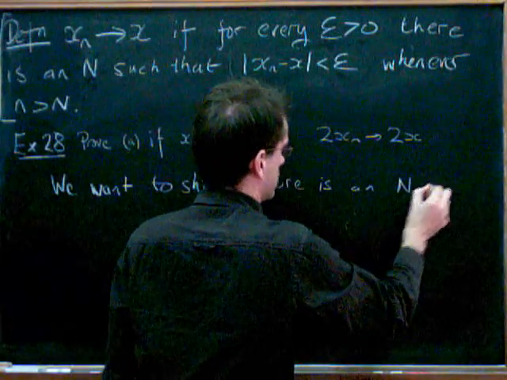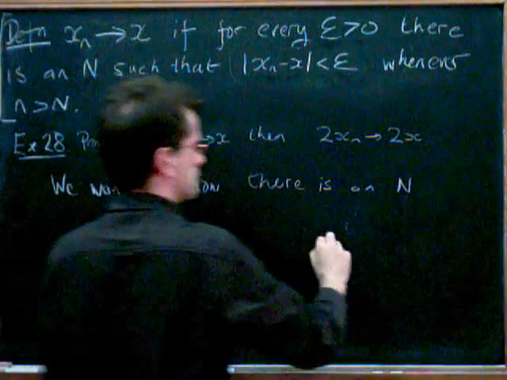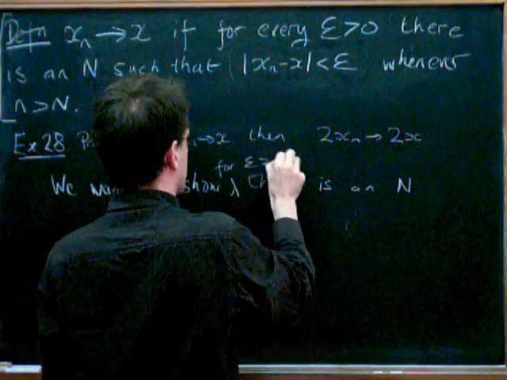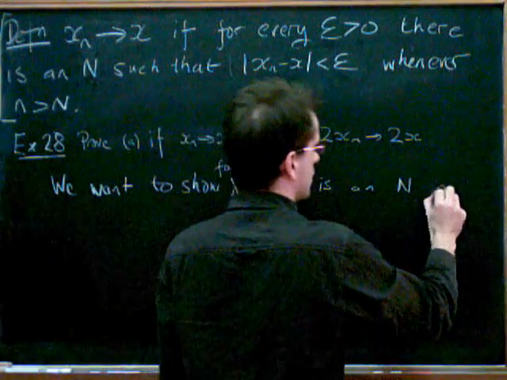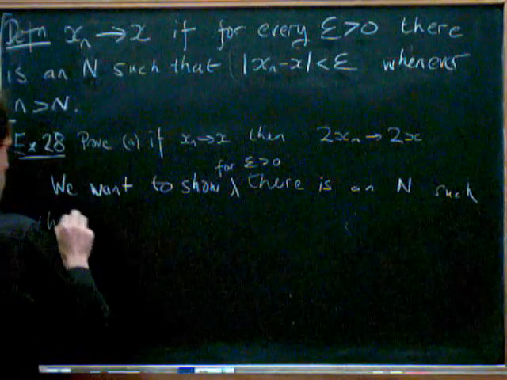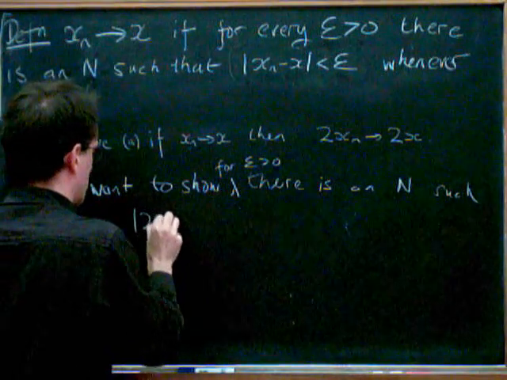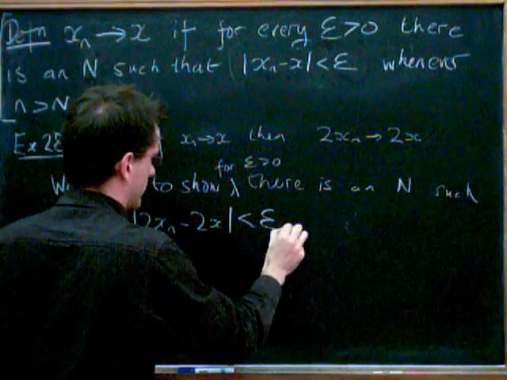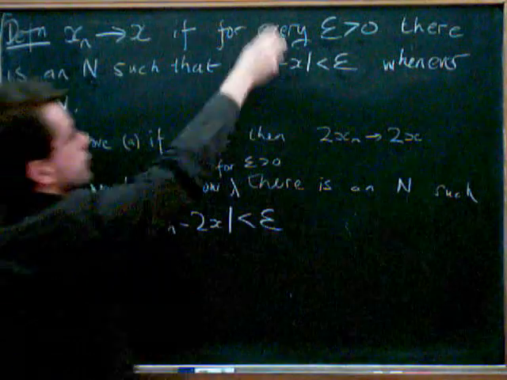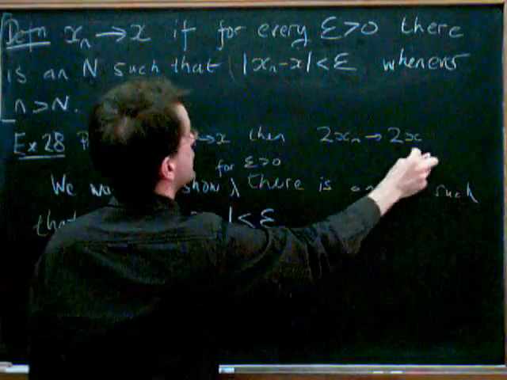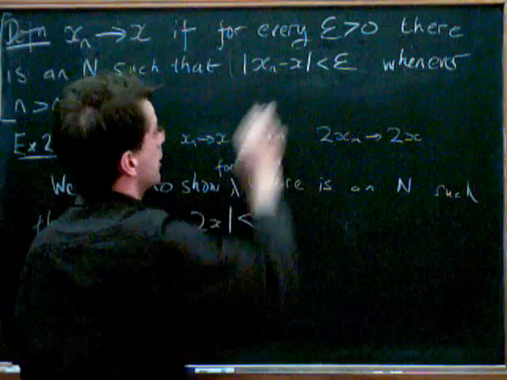So we want to show that whenever we have an epsilon greater than 0, there is an N such that the absolute value of 2x_n minus 2x is less than epsilon. I've just written down this definition, but I want 2x_n tending to 2x, so that should be a 2x_n and a 2x there.